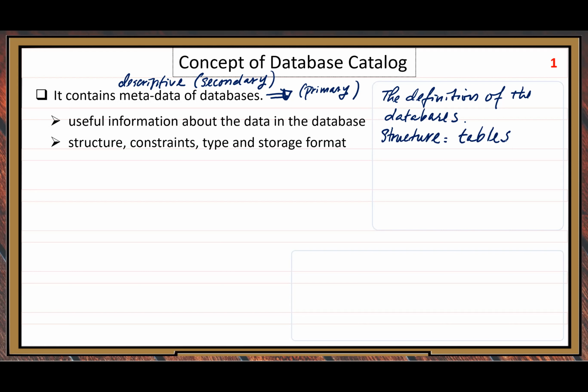Why do I say a list of tables? Because for one table, there is another word we call relation.